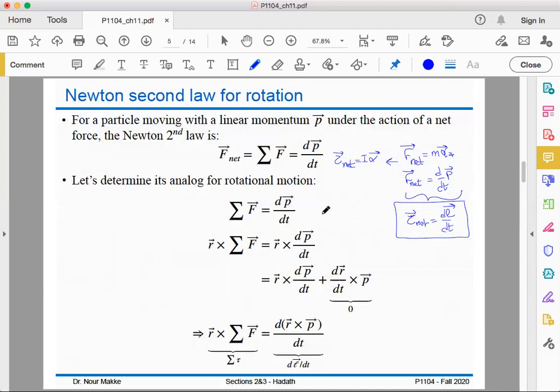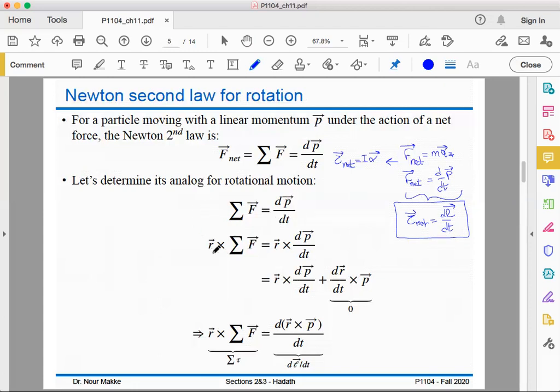Okay, so let's consider a particle which has a mass m and linear momentum p, and it's moving. Okay, so we know from the Newton's second law that sum of F is equal to the derivative of the linear momentum with respect to time.